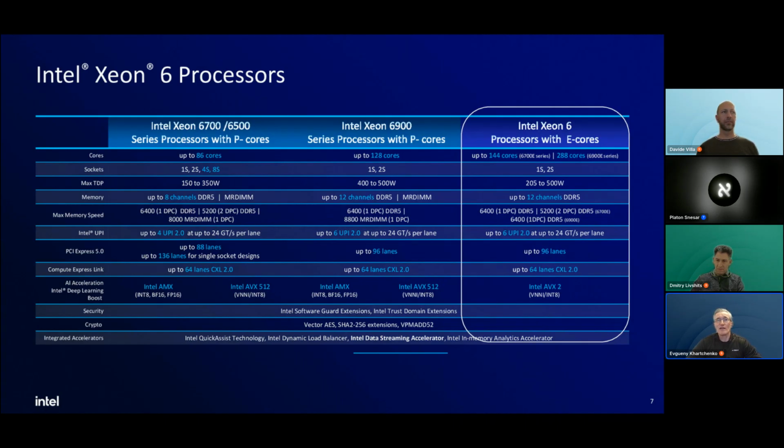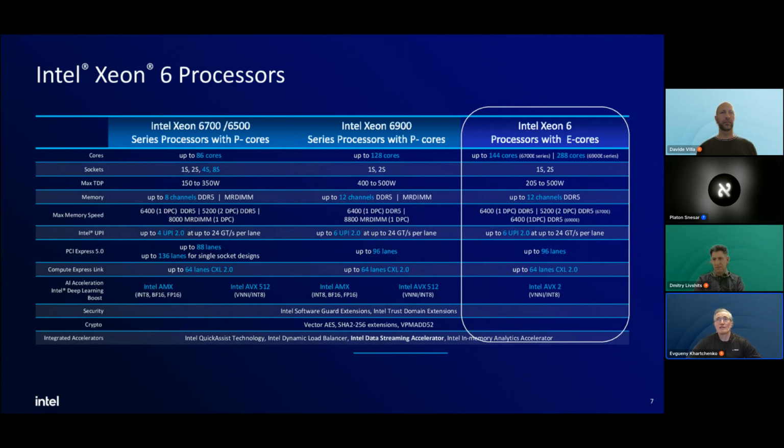And by the way, Intel Xeon 6 is the only CPU at the moment on the planet that supports MRDIMMs, and that guarantees that Xeon 6 will sustain a third higher bandwidth than any other CPU, just because of much faster supported memory.